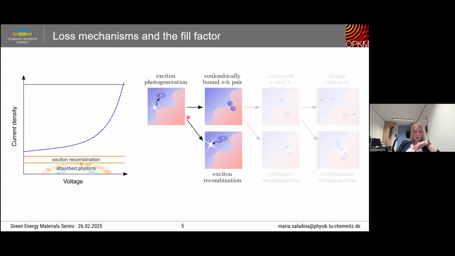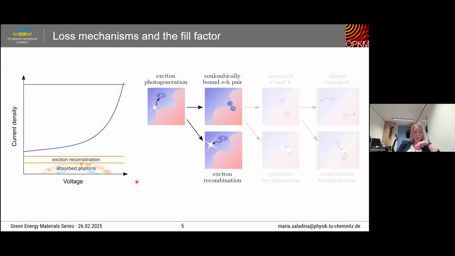In order to be split, this exciton must travel to the interface between two materials, donor and acceptor, where the electron is then transferred to the acceptor. In case the exciton doesn't reach the interface, these excitons get lost.